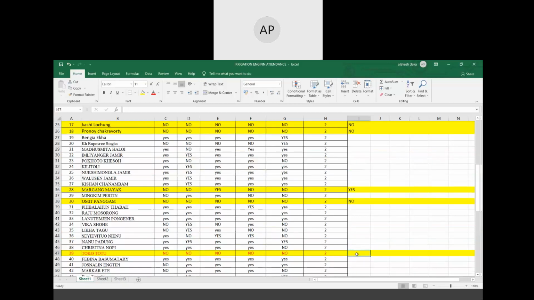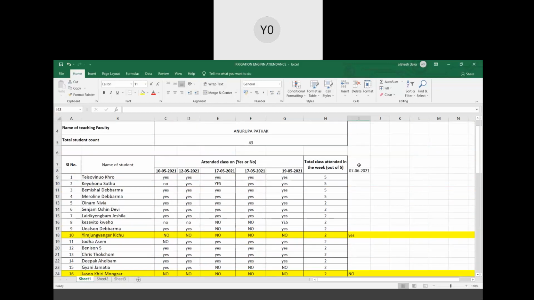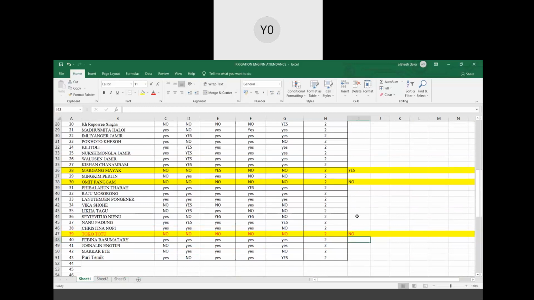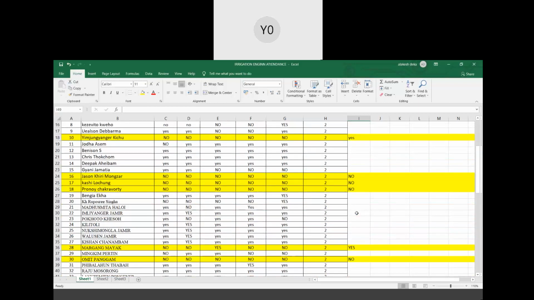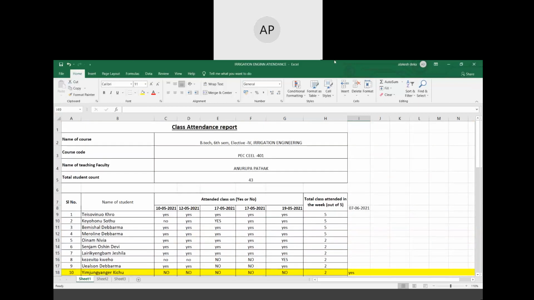Next, Tokototo. Are you there today? Tokototo? No. Okay. Others are generally present in all my classes, but these students have some exception.